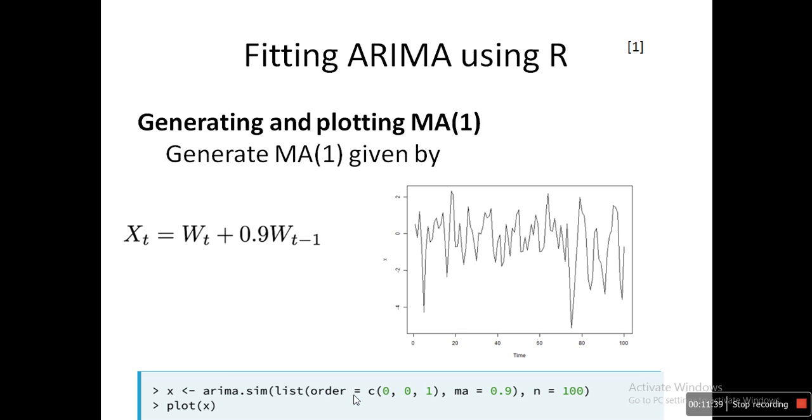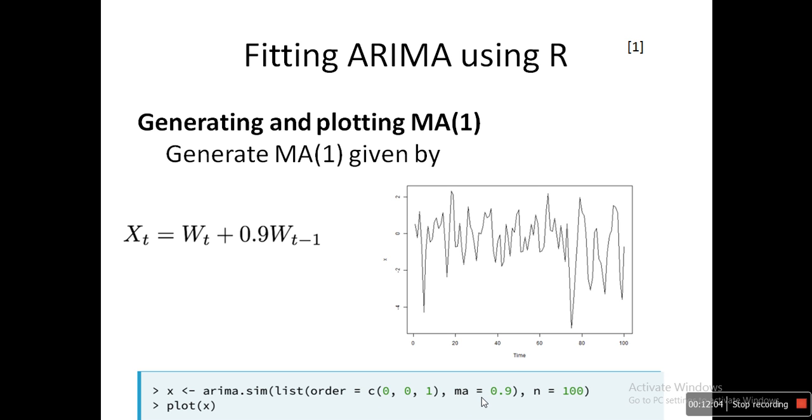of order equals c(0, 0, 1). Here c(0, 0, 1) refers to the p, d and q values. So here q equals 1, so we have only one term for the moving average.